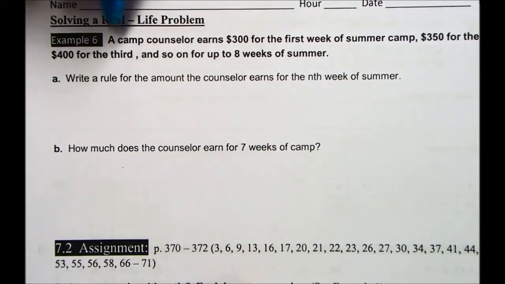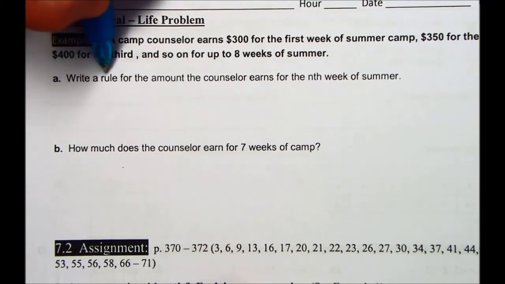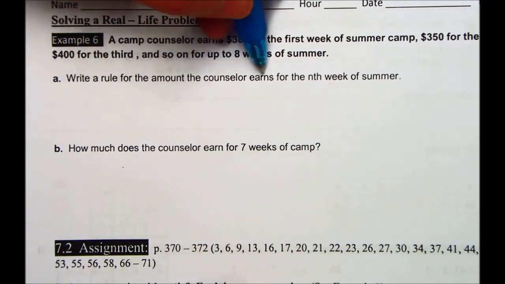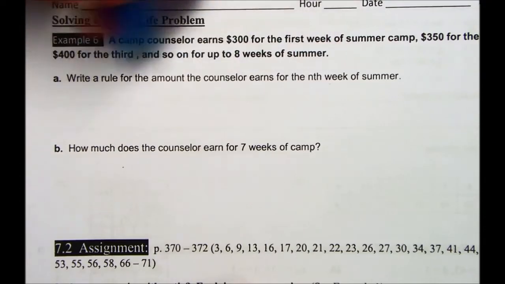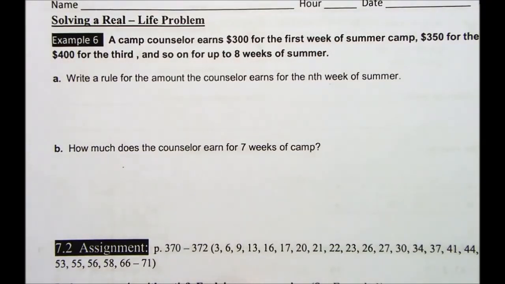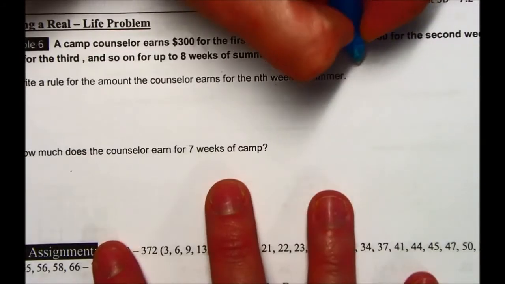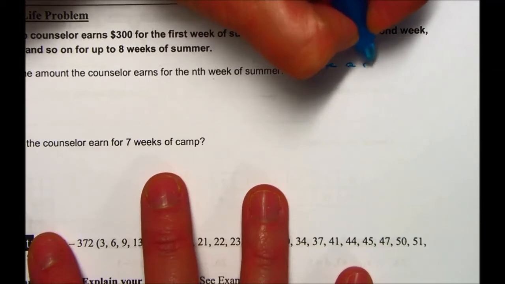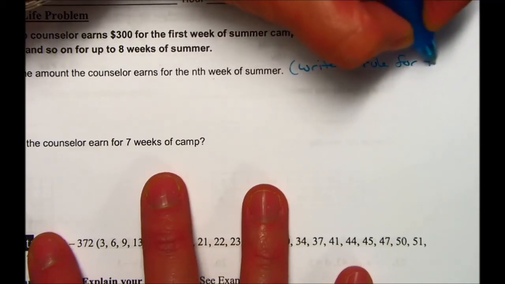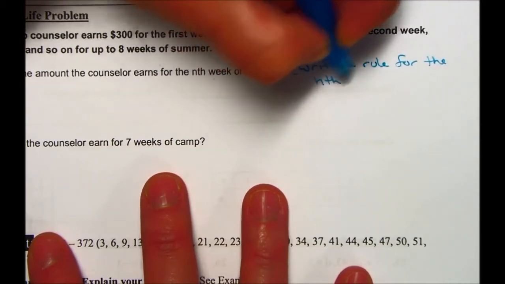So we're trying to find, let's see, write a rule for the amount the counselor earns for the nth week. So this is what we did in the beginning, where we were writing a rule for the nth term.